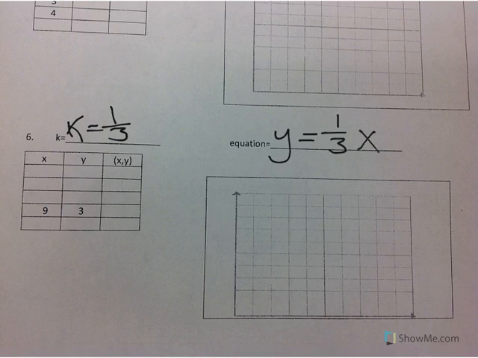So now that I know my constant, my k, is 1/3, I know my equation, y equals 1/3 x. So now I can start plugging some points over here. So my input is my x. I'm going to start with some easy numbers. So I'm going to use 0 first, because I know 0 times 1/3 is going to be 0, and that point I know for sure.